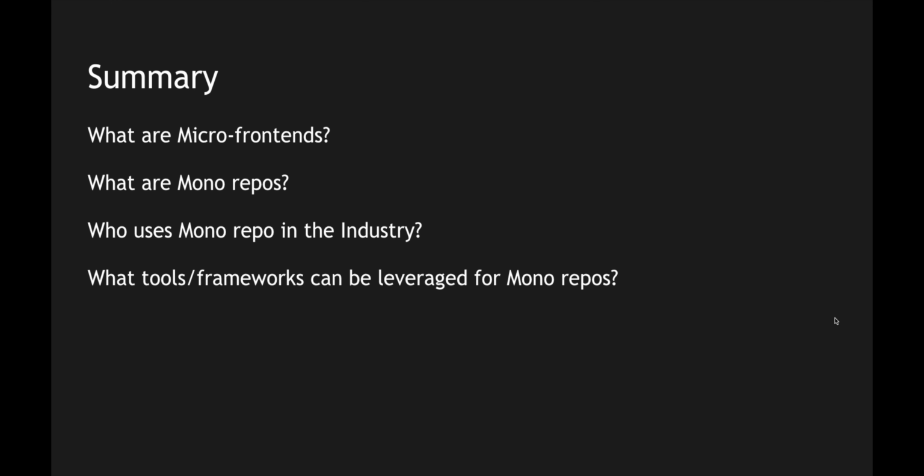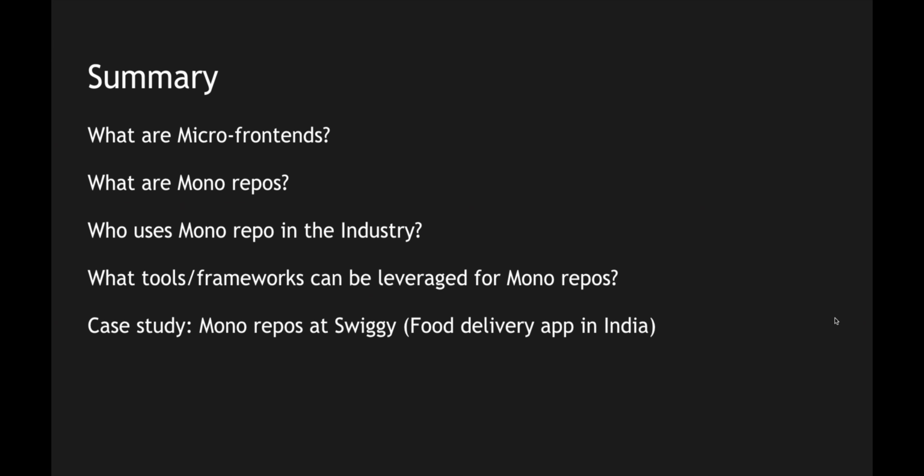We also saw different tools and frameworks which we can leverage for monorepos. We also discussed the case study of how Swiggy uses Monorepo for their UI code. Finally, we ended up discussing the limitations of monorepos. I hope you are able to understand and distinguish what are monorepos and how you can leverage micro-frontends inside monorepos.